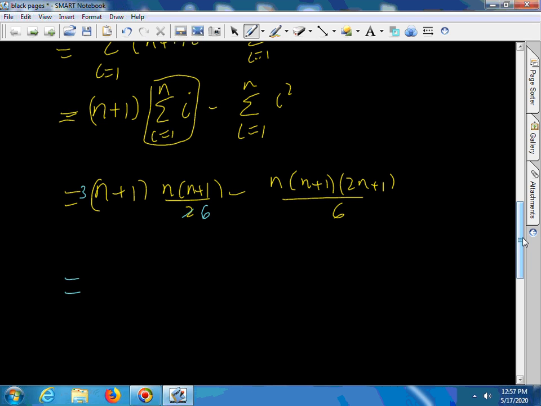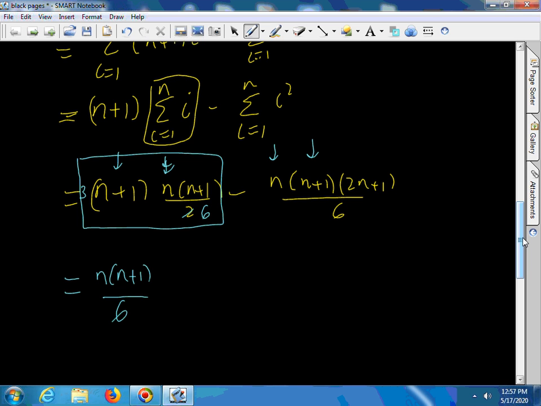And then I'll say, you know what? This term has a factor of n and another factor of n plus 1. And this has a factor of n and a factor of n plus 1. And I know I can factor out the 6. So I can factor out n times n plus 1. And what goes in the brackets is literally everything that doesn't have an arrow by it. And if I'm going to say that, let me put an arrow by the 6.